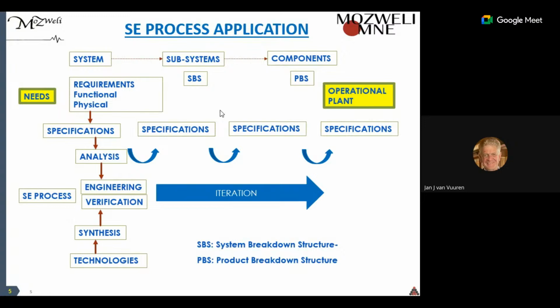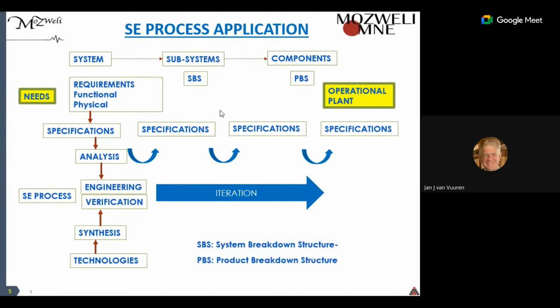We analyze all those requirements, and we break it down into smaller components, smaller subsystems, so that at the end we can build it up based on the technologies that are available to combine all the small systems and products into the operational plant at the end. During this process, we are making use of all our engineering disciplines to produce the end product.